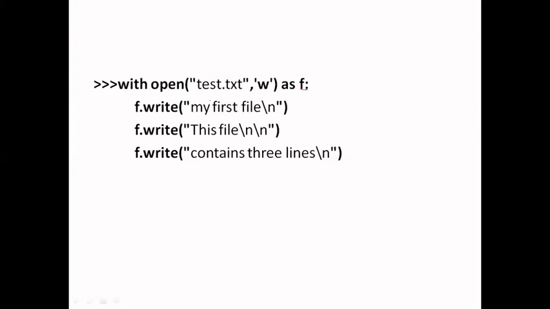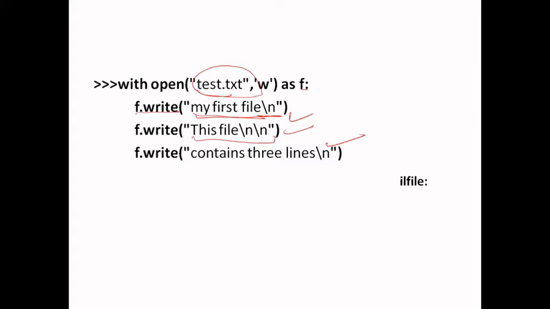Inside the indented block, we have written three statements. f.write with a string, my first file, then slash n. This will write the first line, my first file, including the slash n character, and then another function f.write, this file slash n slash n. So basically these three lines will be written into the file test.txt as it is.